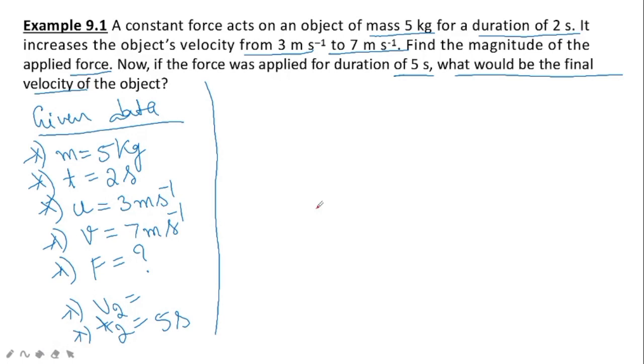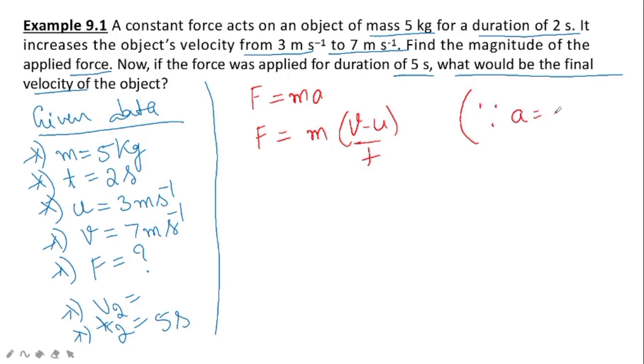Now, what is the formula to calculate force? The formula is F equal to ma. In the given data they have not given any acceleration, so we must use the formula of acceleration. Then F equal to m into (v minus u) by t, because a equal to (v minus u) by t.